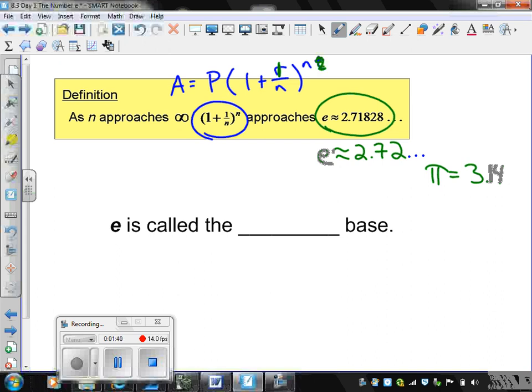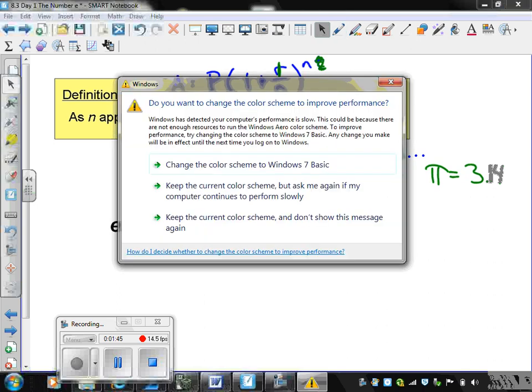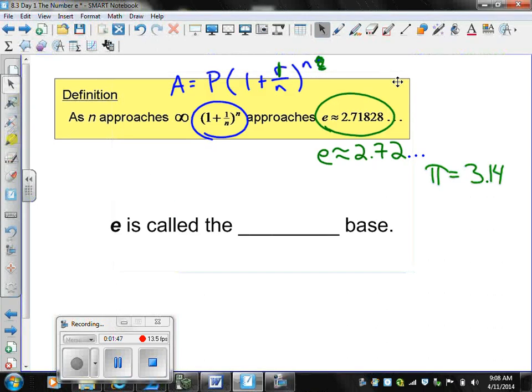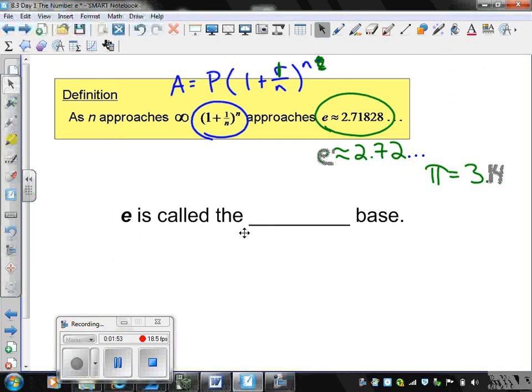When we compound this more and more often, faster than every millisecond, the base really just goes to a particular number, and that number is what we call e. It happens so often, and it happens in the natural world, that we call e the natural base. So we're going to see this a lot in natural events, and some that are not so natural, like banking.